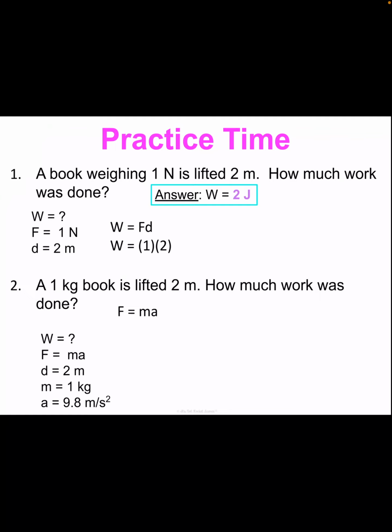So force is mass times acceleration. I'm just going to plug in 1 and 9.8, multiply those two. And the fact that it's 1 gives me 9.8. Now again, 9.8 is not my answer. Now I'll take my work equation, work equals force, which is 9.8, times distance.